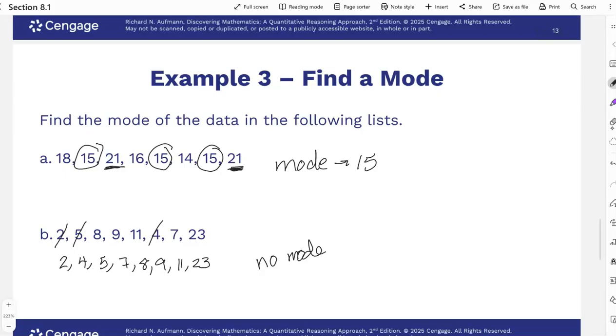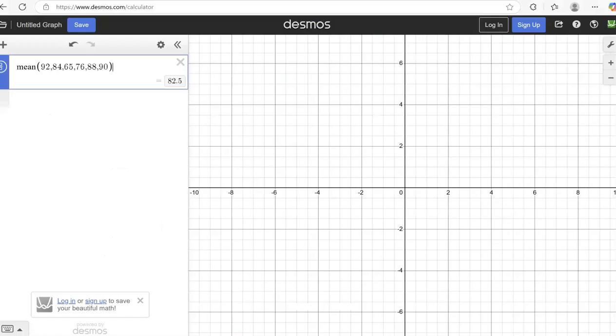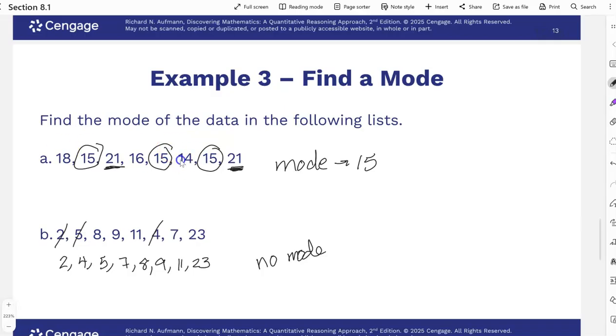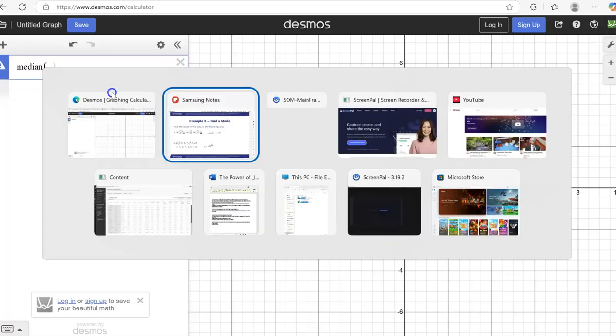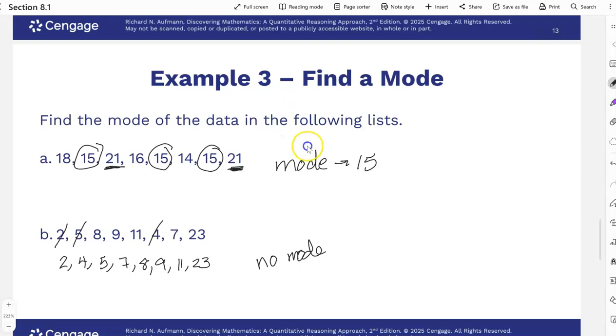Now we can find medians and modes in Desmos also, or at least I believe we can. So let's look at that first data set right here. I take that back. We cannot do modes, but we can do medians. I forgot to show that a minute ago.